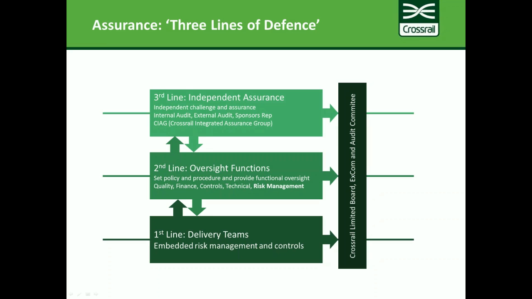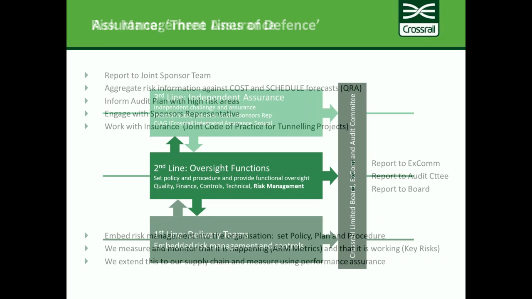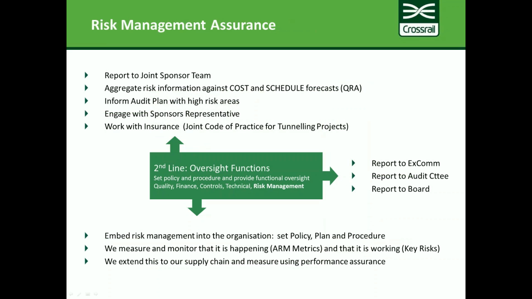So we were quite successful in evidencing that. And that slide just talks a little bit about how we engaged at each of the different levels, embedding risk into the organisation, measuring and monitoring the process, but also reporting up and out to all the different assurance organisations that were interested in our performance.